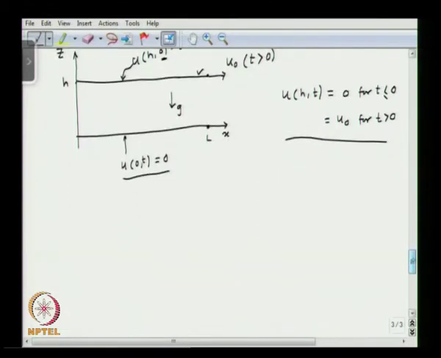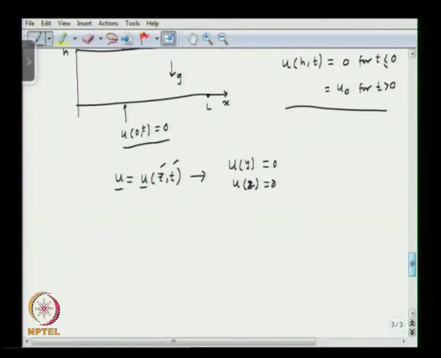So, that is the situation we are talking about. And here, similar to the Poiseuille flow, we can write u as a function of z and time. What it means is that the velocity along the y direction and the velocity along the z direction are 0, and we have only the x velocity, which is a function of z and t. So, we can write the Navier-Stokes equation for this simplified case.